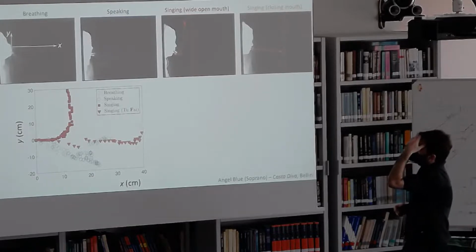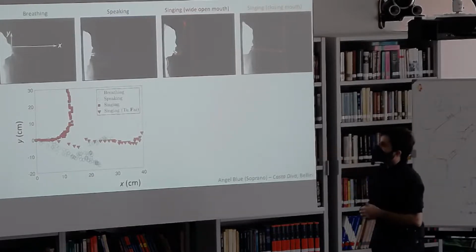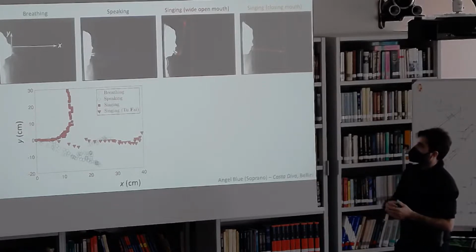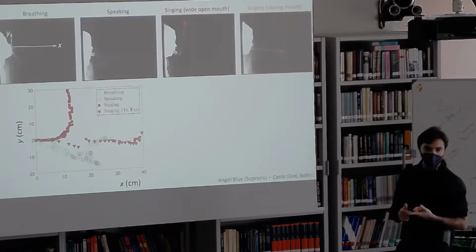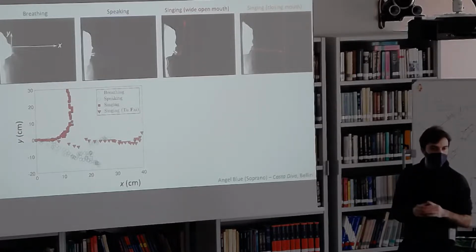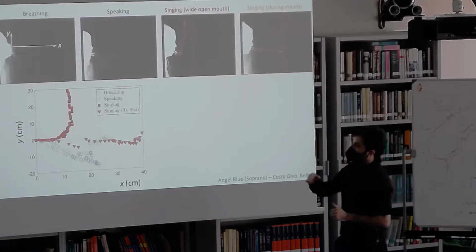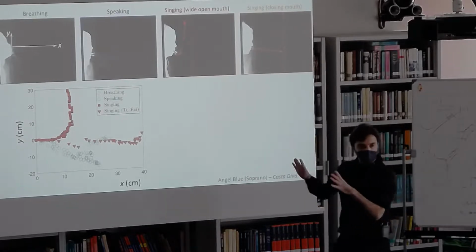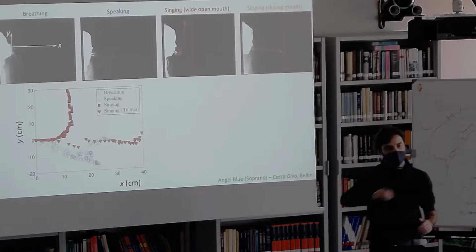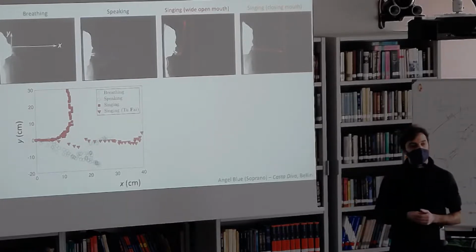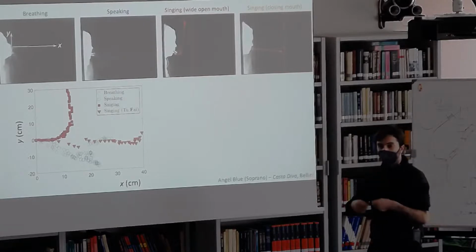And you basically see that all trajectories for the air are more or less straight in terms of breathing, speaking. But in terms of singing, you have different kinds of patterns. And the straight trajectories mean that in the window we are looking at, we only see inertia of the jet, which means that the velocity is enough to get a straight trajectory over that window.